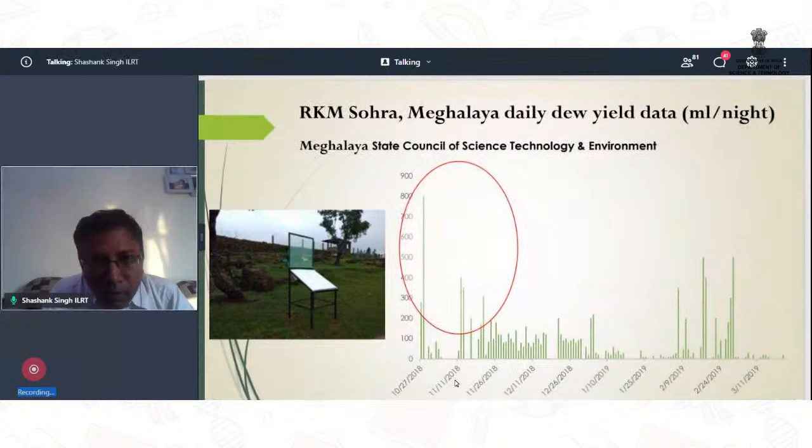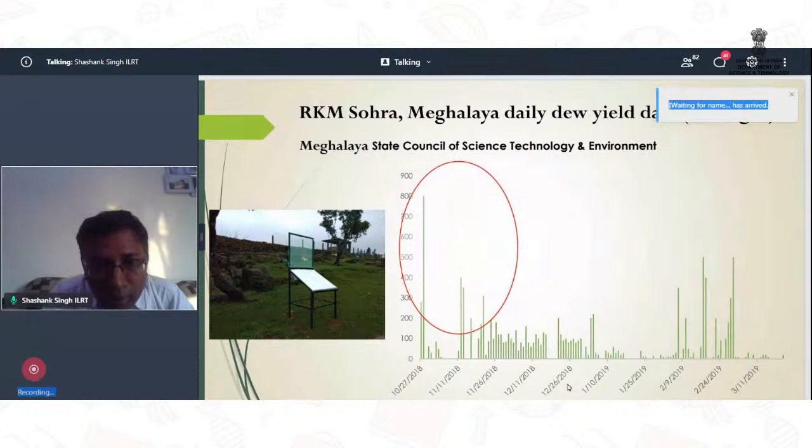Recently we are doing this experiment on dew fog with the Meghalaya Science Council and Technology. We developed this design of test condensers for dew and fog as a hybrid. We have installed them at 3 places in Meghalaya, and the results show 800 ml of water received in a single night, which is the highest dew water we have received.